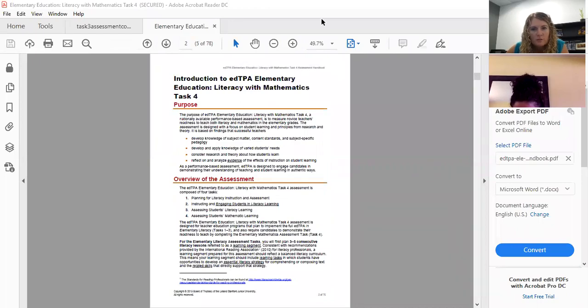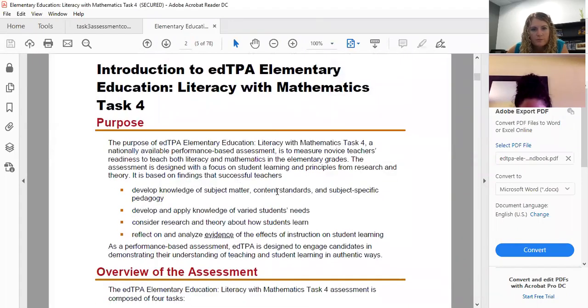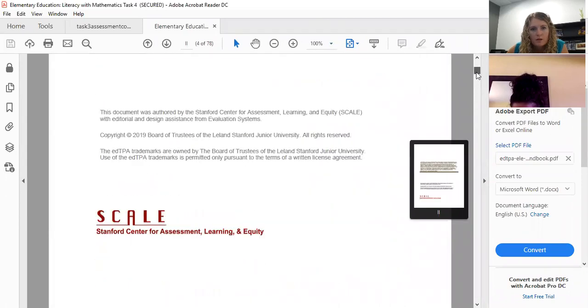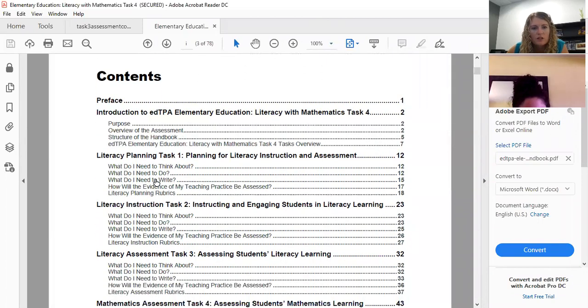Let me make this a little bit bigger. Okay, you see in the handbook how for each task it has what do I need to think about, what do I need to do, and what do I need to write.